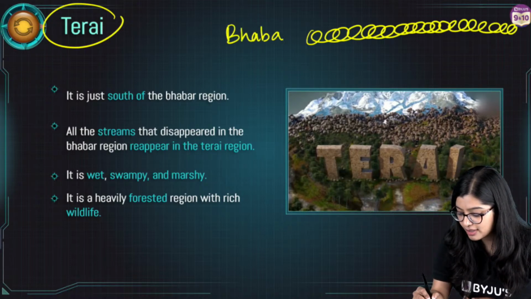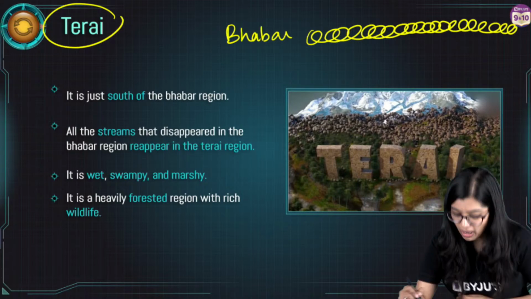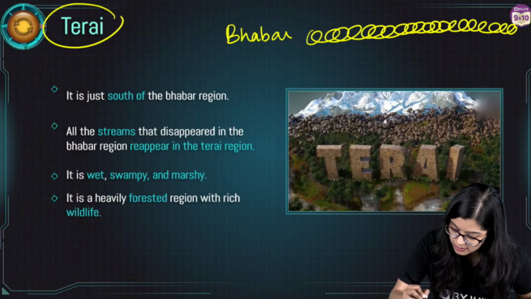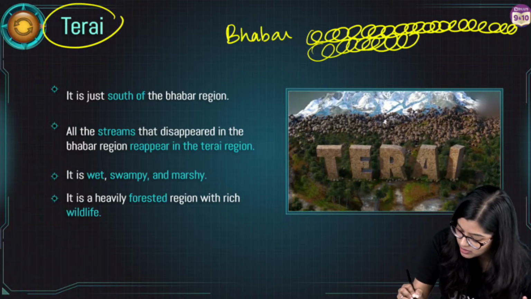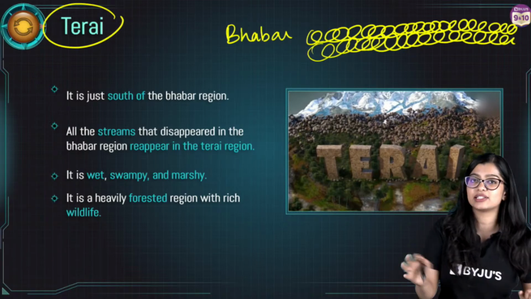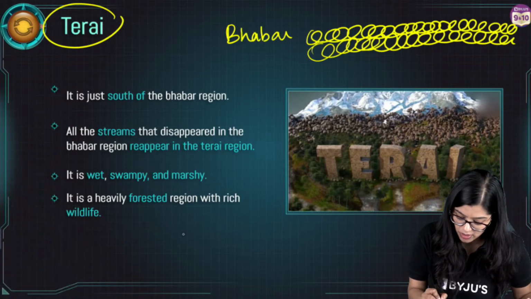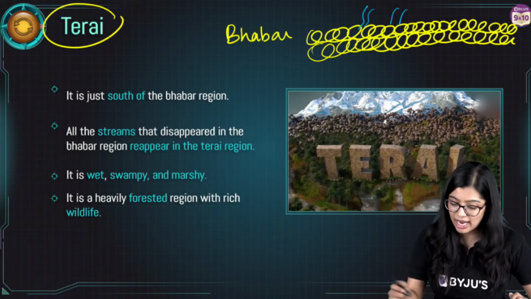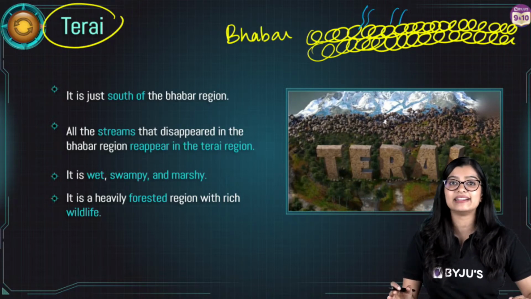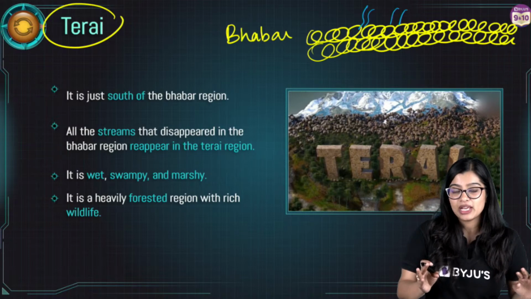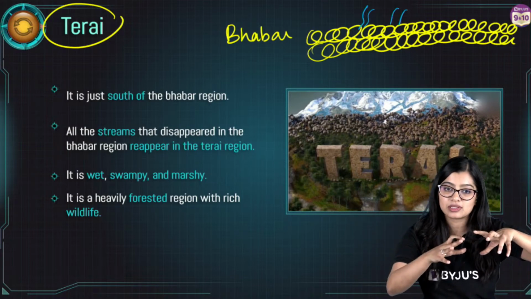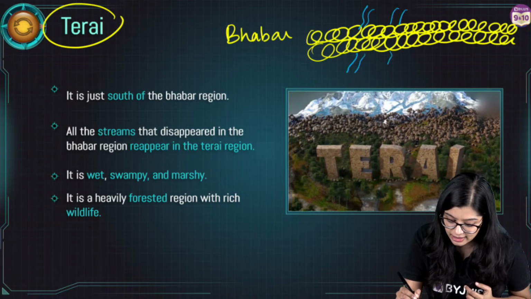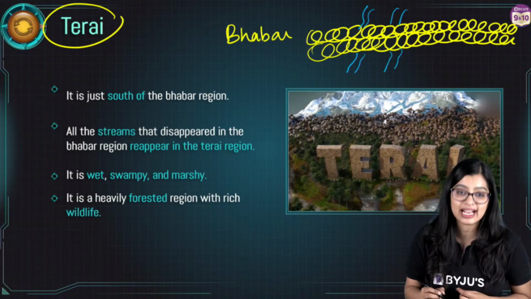In this region, all the streams that came have disappeared. When I say they disappeared, it's not that they stopped flowing. They are covered by those pebbles, so they are underneath, and they will resurface in the next region.